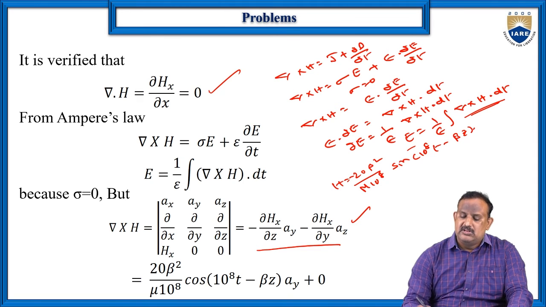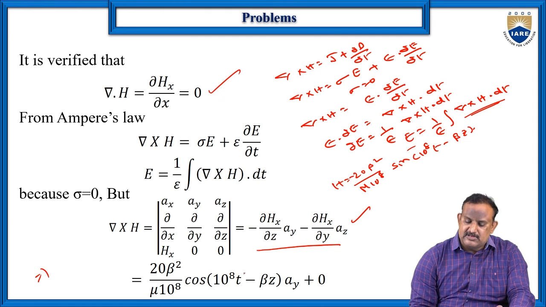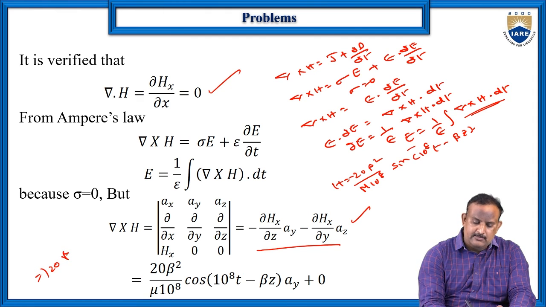If you differentiate the same equation, minus is there, minus positive, so it becomes 20 beta square by mu into 10 power 8.